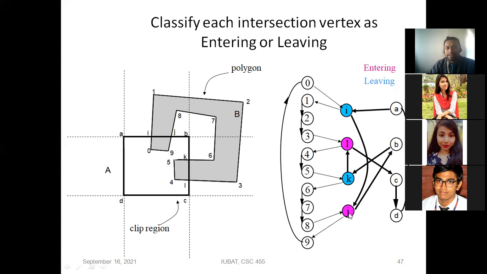You have another entering vertex, which is J. And again, for an entering vertex, you need to go on the left hand side. So from J, I go to 9. I could have gone to B on that clipping region, but it is not allowed. So J to 9, 9 to 0, 0 to I, a leaving vertex.